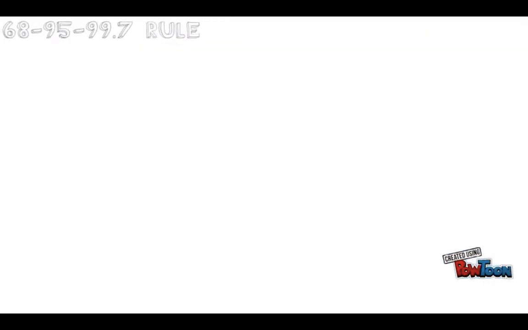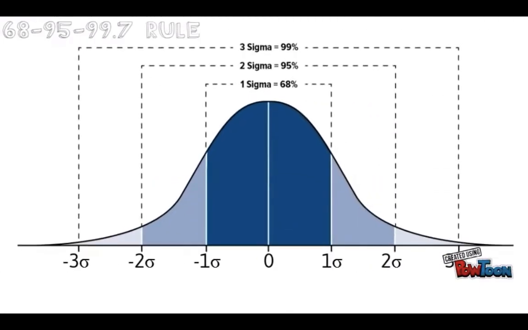The 68, 95, 99.7 rule tells us that about 68% of the data fall within 1 standard deviation of the mean. About 95% of data fall within 2 standard deviations of the mean, and about 99.7% of data fall within 3 standard deviations of the mean.